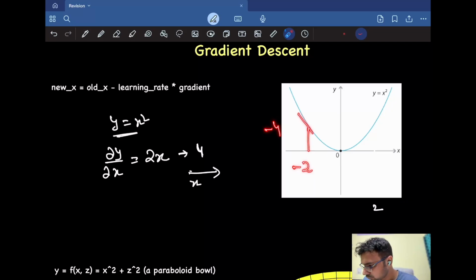This is a negative slope. So this is telling us that when we increase x, y is going to decrease. That's what it tells us.